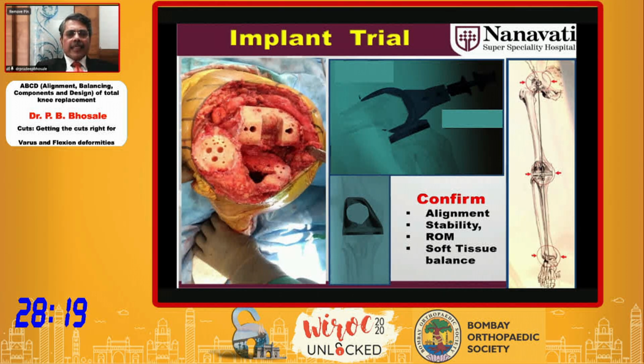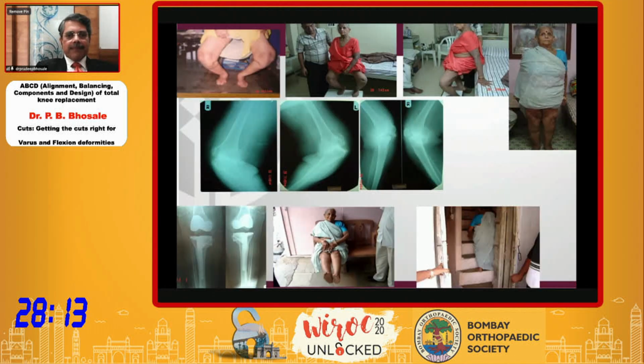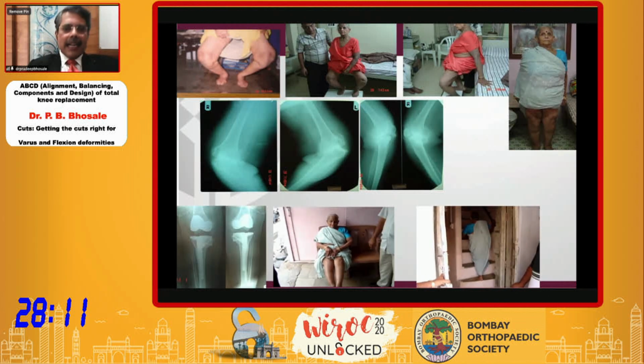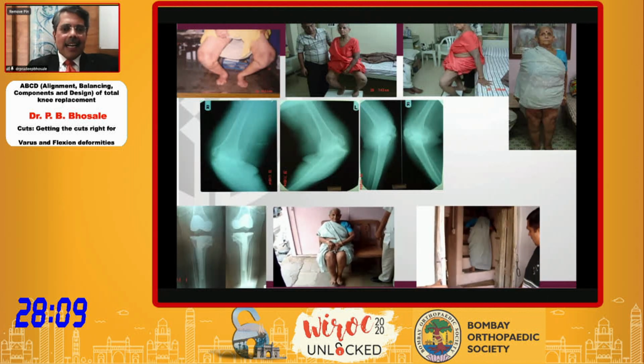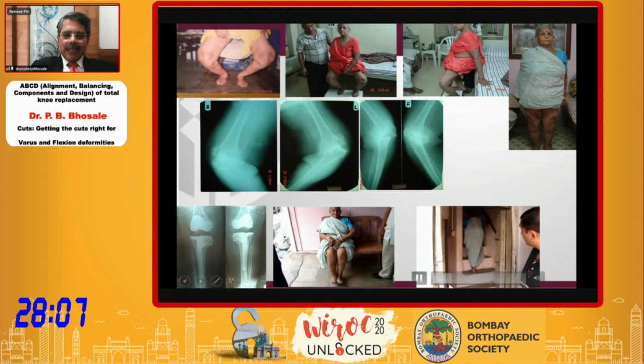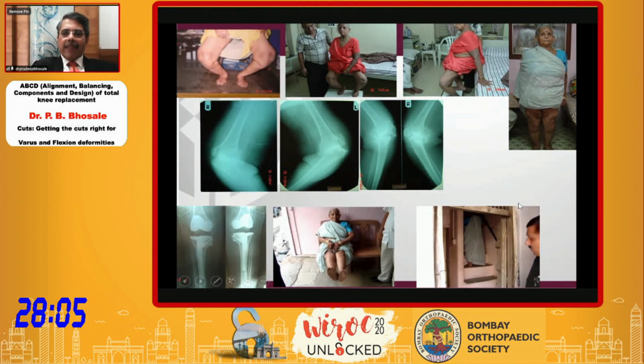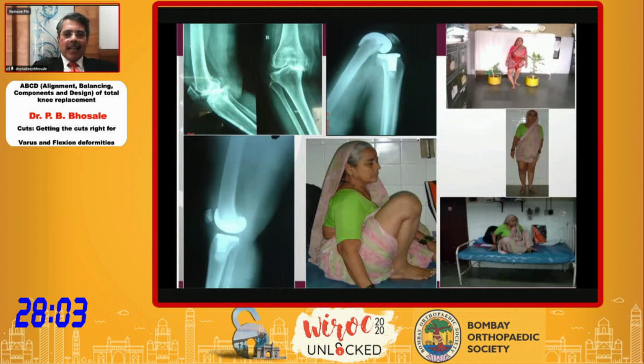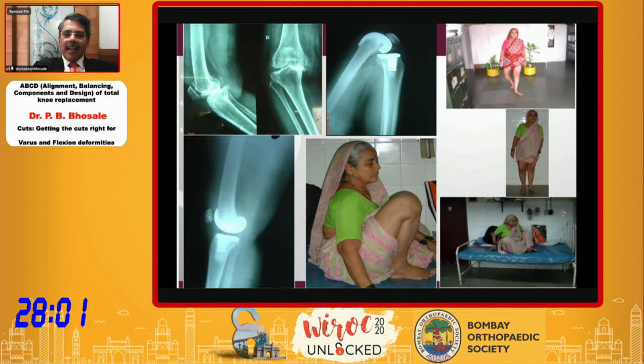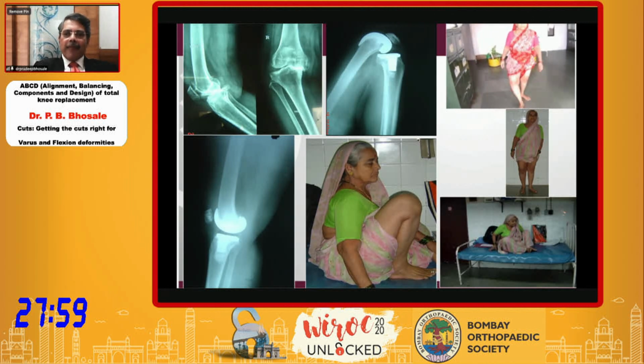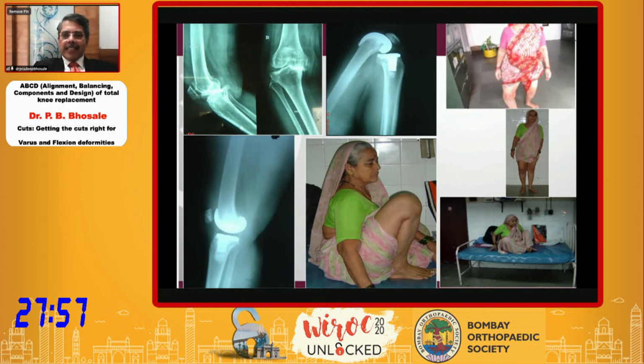And always confirm on the trial and check all the balance so that you have some room to adjust. And this is a severe deformity. Everything can be done with the manual, and in some patients you do get flexion if you arrange everything, not every patient.